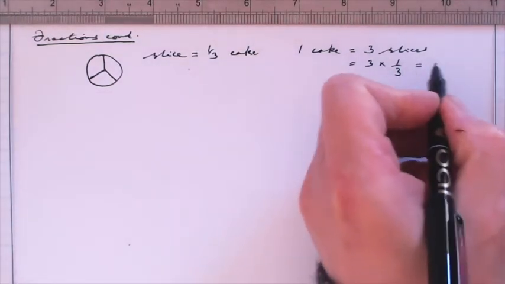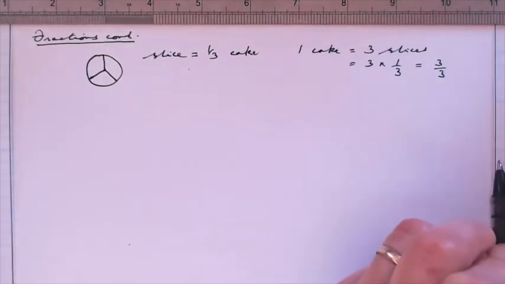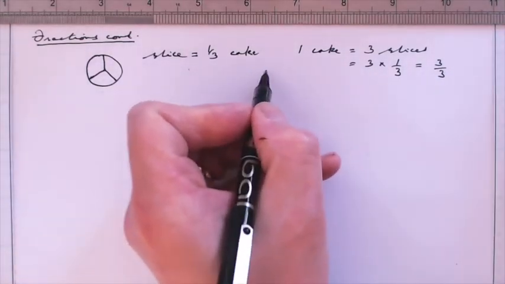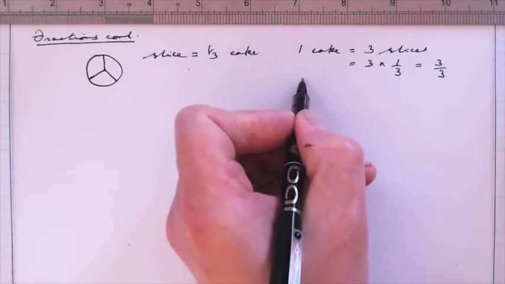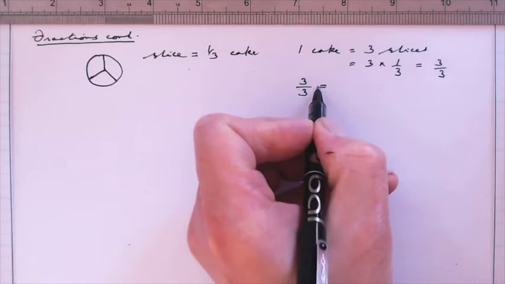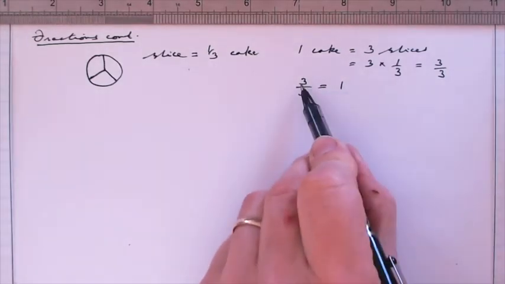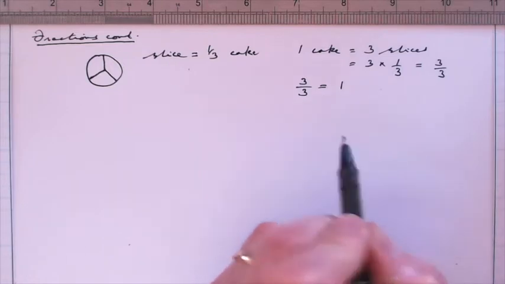And as we saw last time, we're happy to write this as 3/3. So you're always free to write a number divided by itself as 1, or alternatively you can write 1 as a number divided by itself.